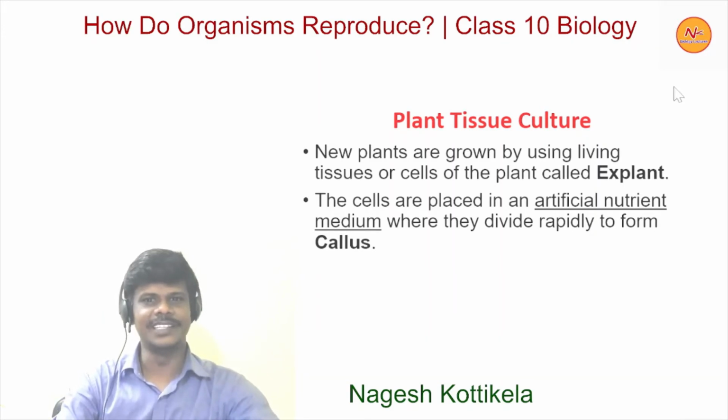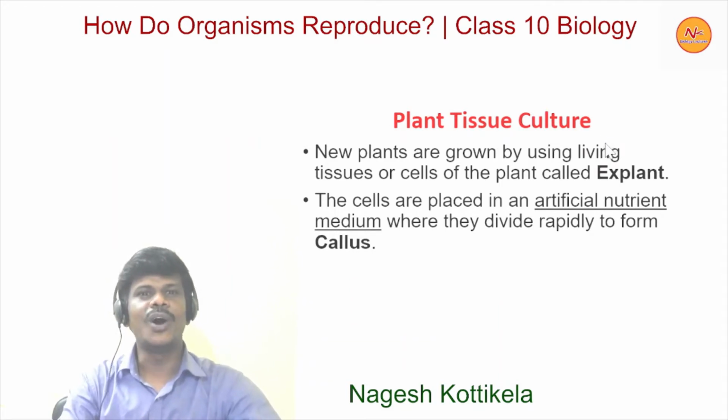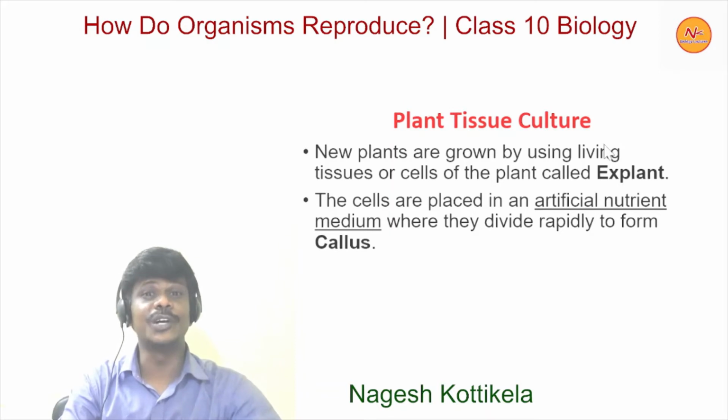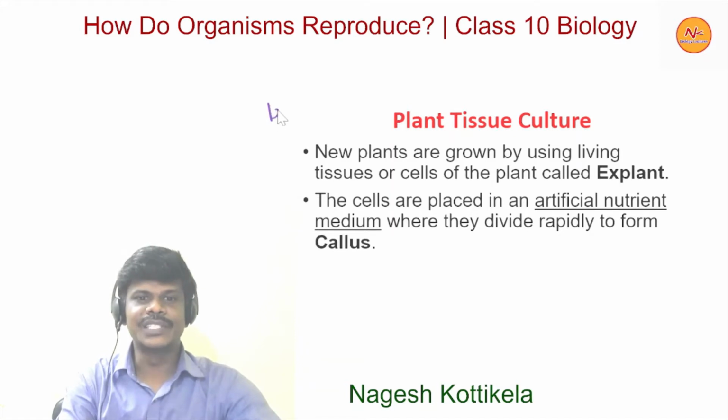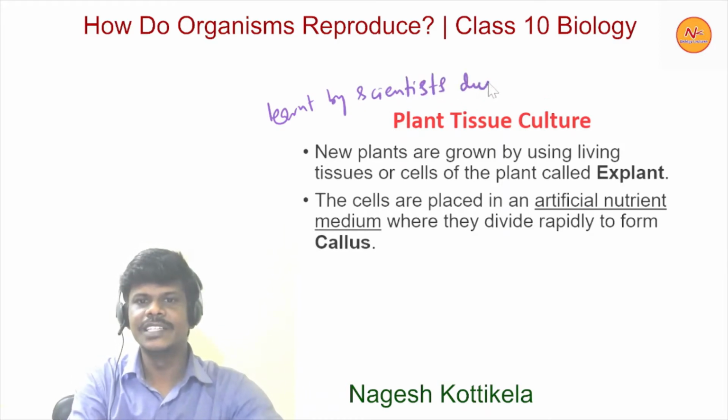Today's topic is plant tissue culture from the chapter How Do Organisms Reproduce from class 10 biology. Here, tissue culture was learned by scientists during the 1950s.